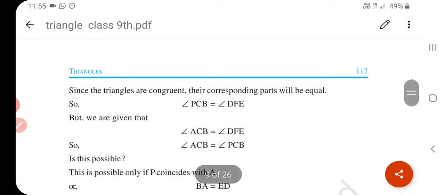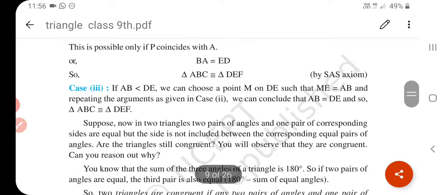Since the triangles are congruent, their corresponding parts will be equal, so by CPCT their corresponding parts are equal. Okay, so we can say that angle PCB is equal to angle DFE. Okay, understand? So this type you have to prove all these theorems. Okay, understand?